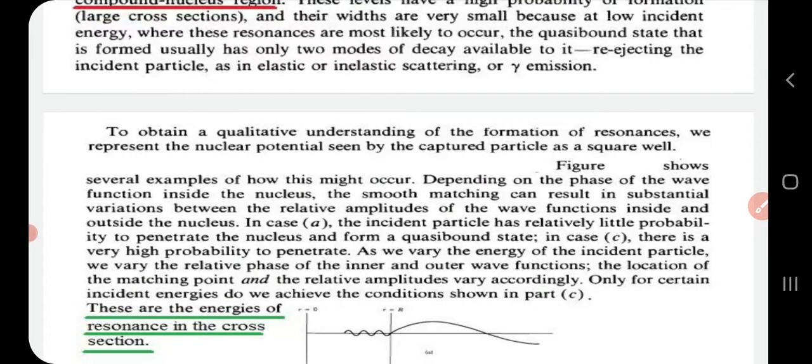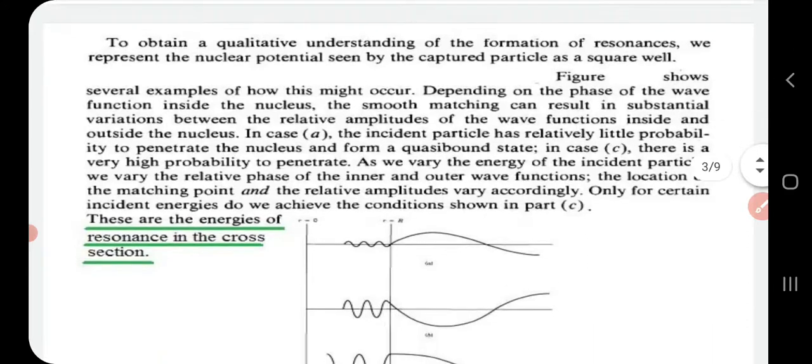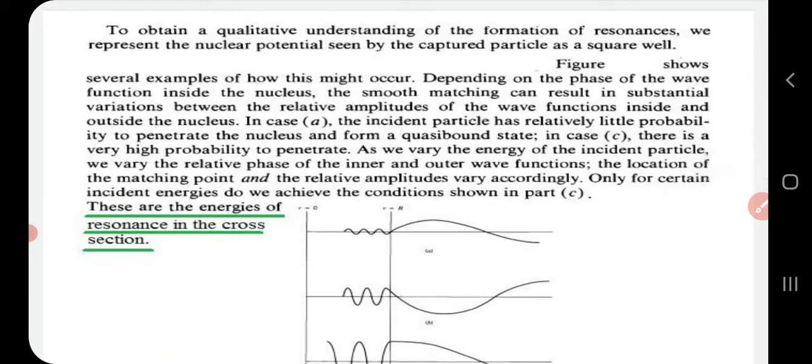Now, in order to understand the formation of resonance, here they are presenting a nuclear potential which is seen by a captured particle. From this figure, depending on the phase of the wave function inside the nucleus, we can see a very smooth matching in the variations between the relative amplitude of the wave function inside and outside the nucleus.